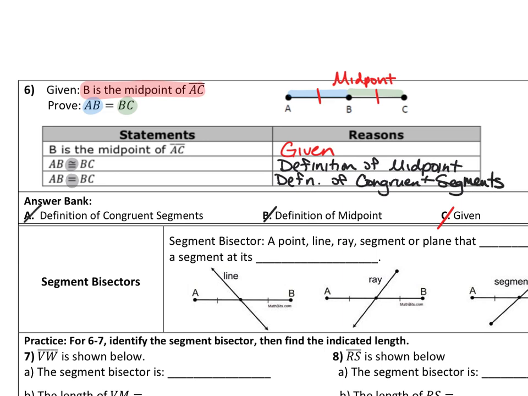So we've proven that since B is the midpoint of segment AC, since it's the midpoint, it creates congruent segments. And congruent segments mean that their lengths are equal. So that's how we argue from the given to the final proof.